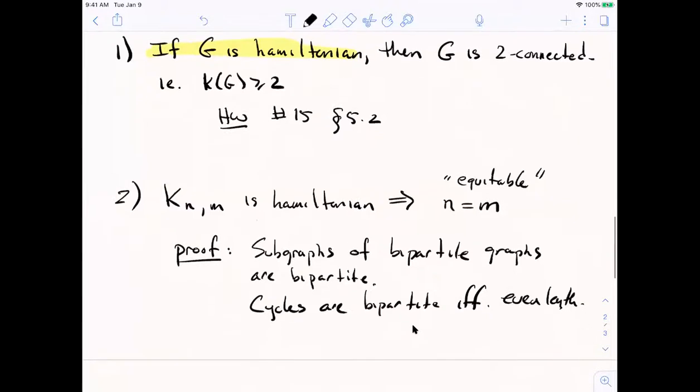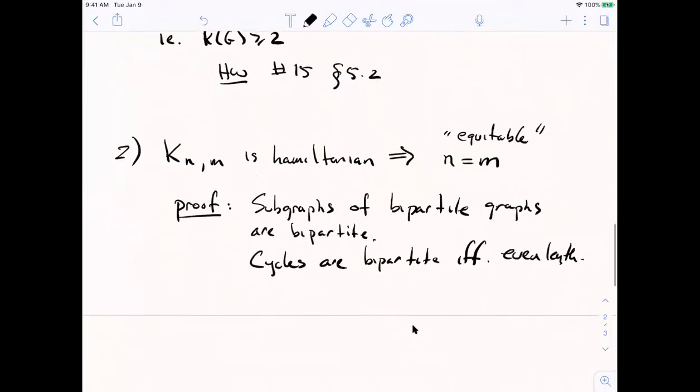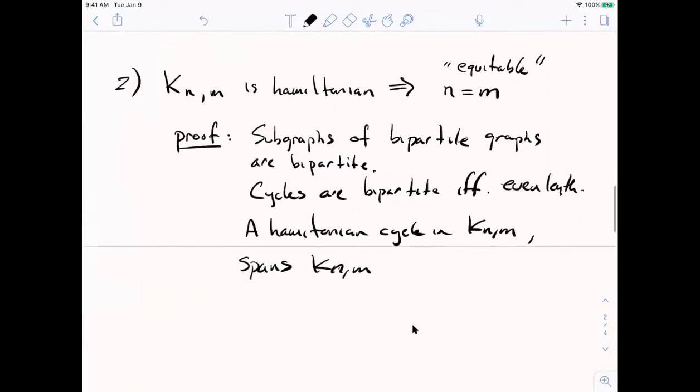Hamiltonian cycles span, right? So if you have a Hamiltonian cycle in K_{n,m}, well, it spans K_{n,m}. Every Hamiltonian cycle spans. And so we have this bipartite cycle.